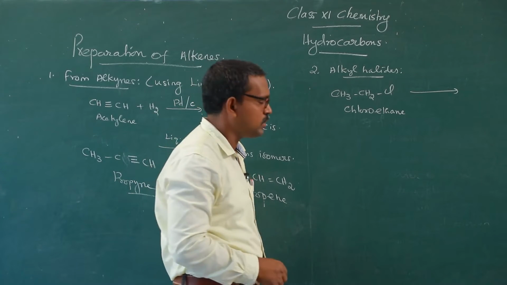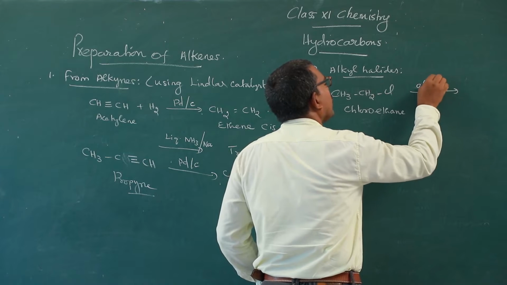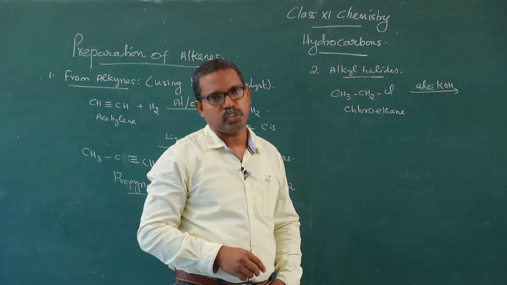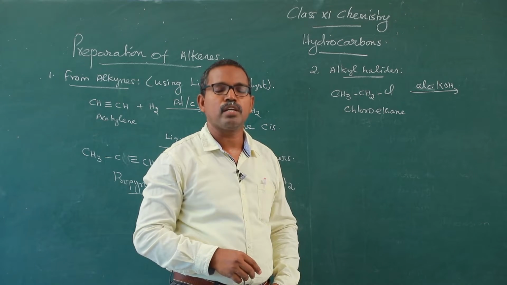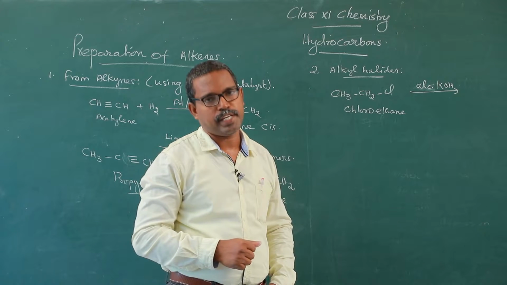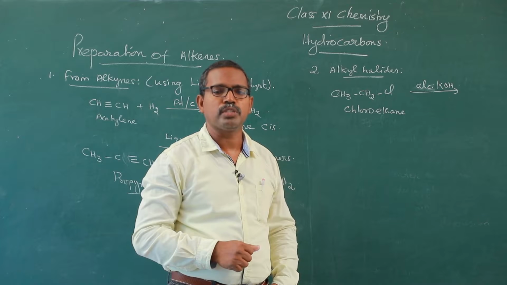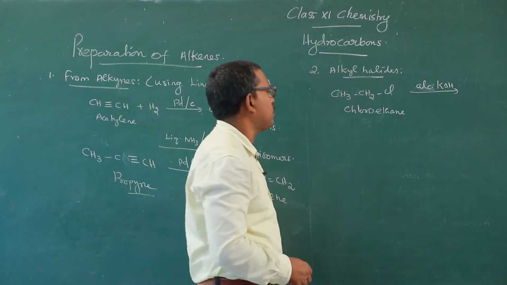Dehydrohalogenation is the removal of hydrogen halide by using alcoholic potassium hydroxide or NaOH. If you are using aqueous potassium hydroxide or sodium hydroxide, a substitution reaction may take place. Instead of using aqueous solution, we are using alcoholic solution. The elimination reaction takes place.